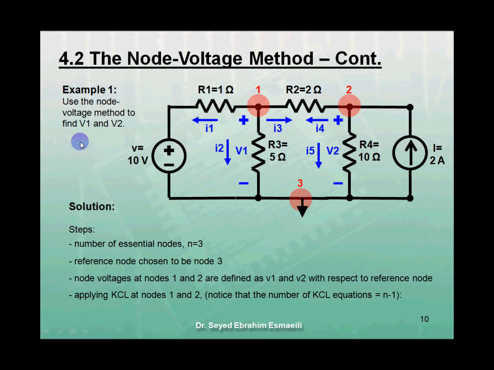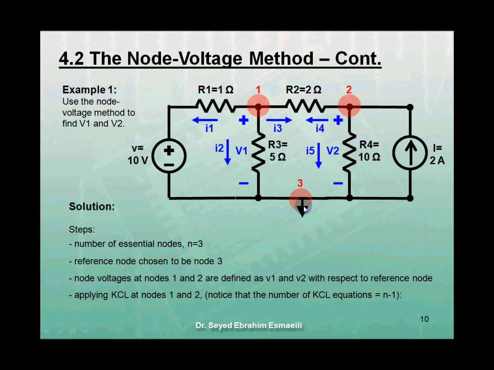In example 1, we need to use the node voltage method to find V1 and V2. We start our solution by identifying the essential nodes on the circuit, which are node 1, node 2, and node 3.